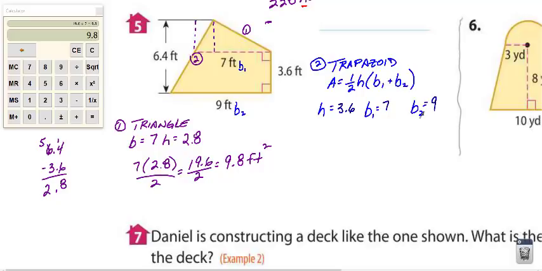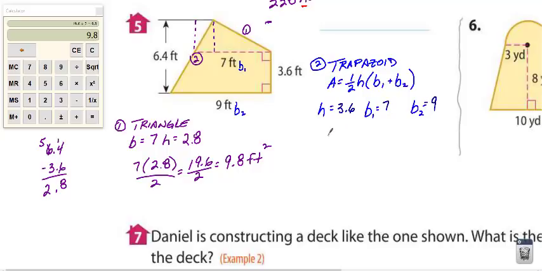So I'm going to plug those in. Now, for me personally, when I see multiply a half, I think divide by 2. It's the same thing either way. Dividing by 2, multiplying by a half, they mean the very same thing. So you can do whichever one you're most comfortable with. I'm more comfortable with dividing by a whole number like 2 than multiplying by a fraction like a half. But you do it whichever way fits for you.